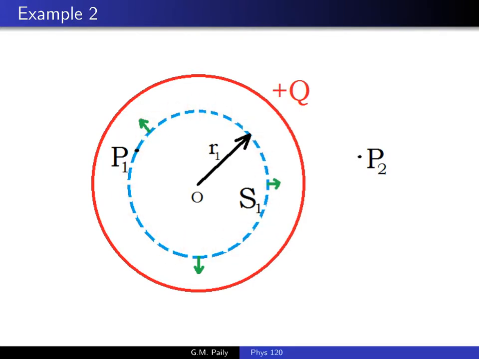Notice that since we want to find the field at point P1, we choose to draw our Gaussian surface so that it passes through P1. The green arrows represent the area vectors at various points. As usual, they are perpendicular to the surface, and since the sphere is a closed surface, they point outward.